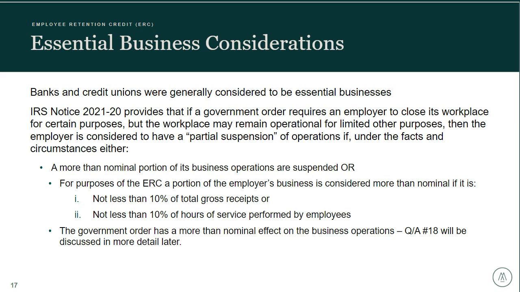a more than nominal portion of the business operations are suspended. For purposes of the ERC, a portion of the employer's business is considered more than nominal if it's not less than 10% of gross receipts or not less than 10% of the hours of service performed by employees. And the way in which I like to think about the gross receipts test, and all of this, by the way, relates back to 2019.